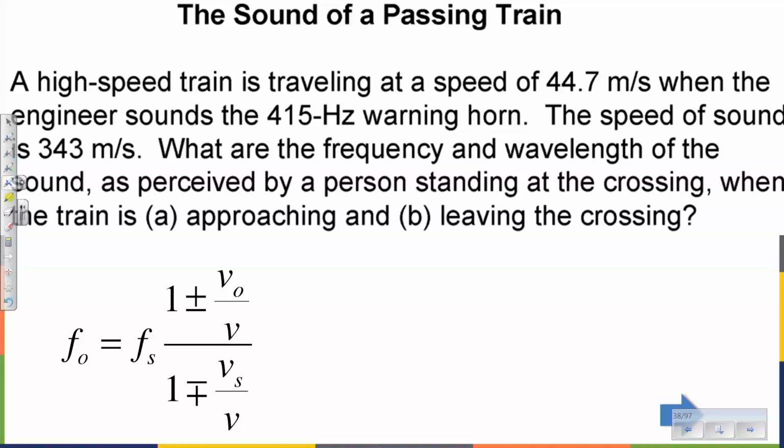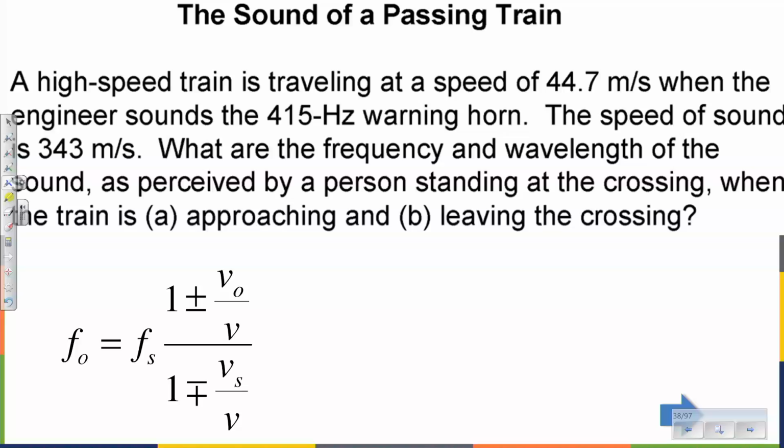But when a person on the ground is listening to the same sound, that person should experience some change in frequency. One change happens when the train is approaching the resting observer, and the second happens when the train moves away from the same resting observer.